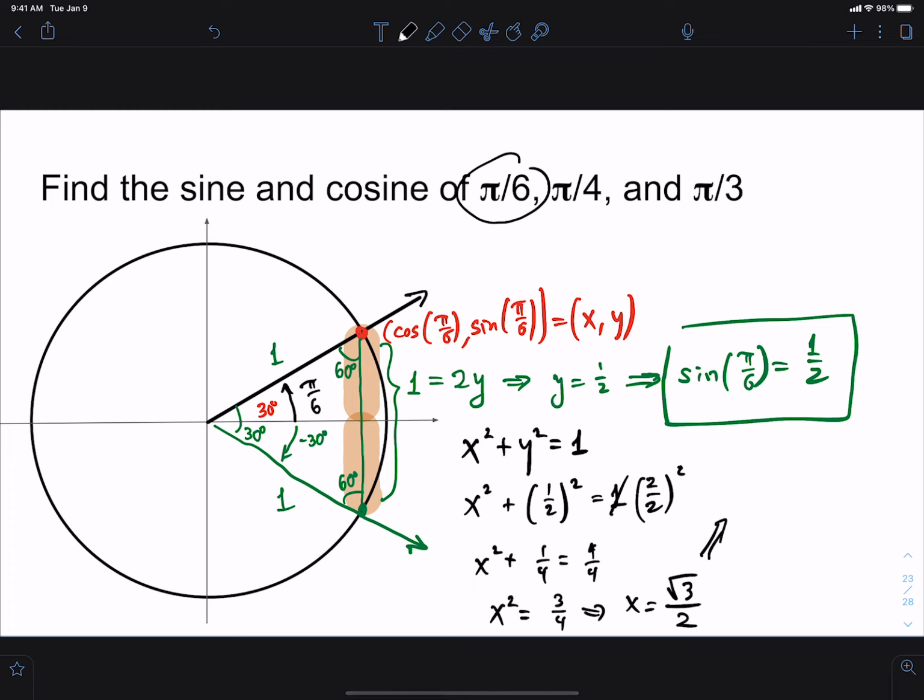And this means that we've just found the cosine of pi over 6 to be positive root 3 over 2. I took the positive root because I know that I'm looking at quadrant 1. Pi over 6 is in quadrant 1, so both the x and the y coordinate, both the cosine and sine, are positive. And that's pi over 6.